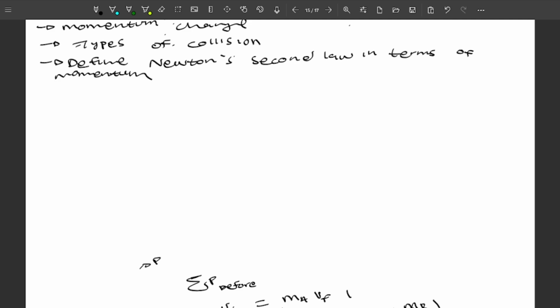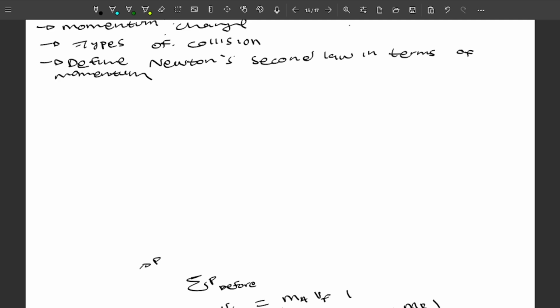It's defined as follows: the resultant net force acting on an object is equal to the rate of change of momentum of the object in the direction of the resultant. I repeat again: the resultant or net force acting on an object is equal to the rate of change of momentum of the object in the direction of the net force. Now, that's how it's defined.